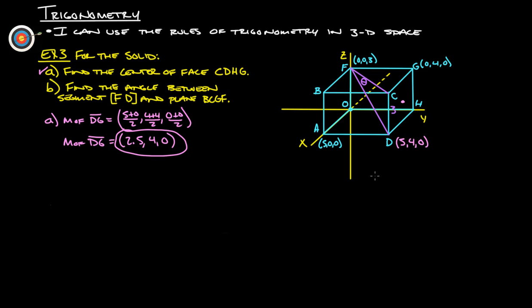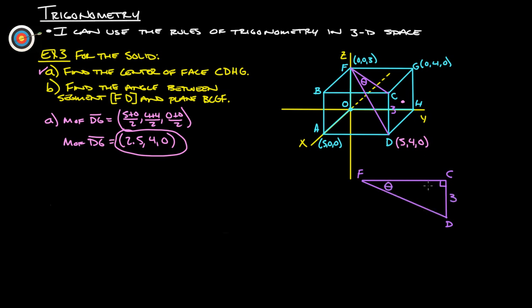Let's redraw this triangle over here so that we can get a better look at it. So here's F, there's C, and then we're going to go down here to D, right? And then we have this nice little right triangle right here. So we know that CD is 3. We're looking for this angle here.